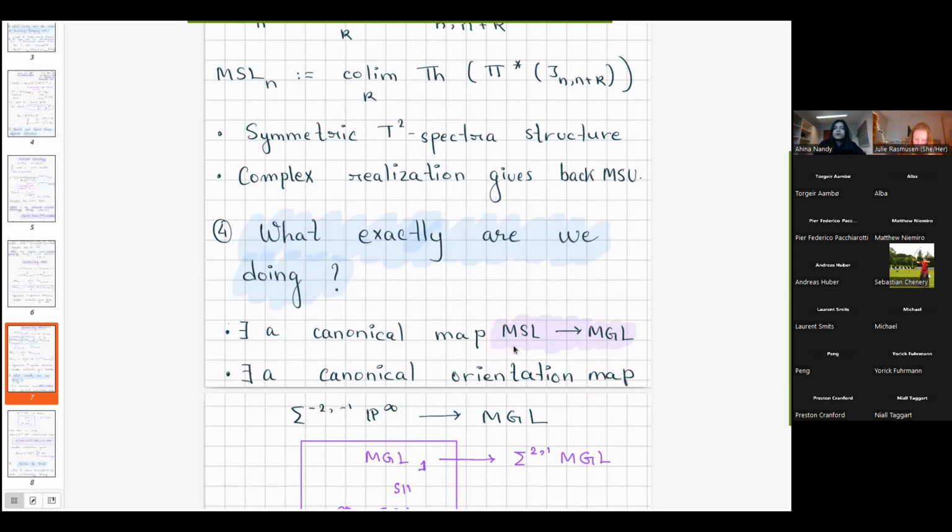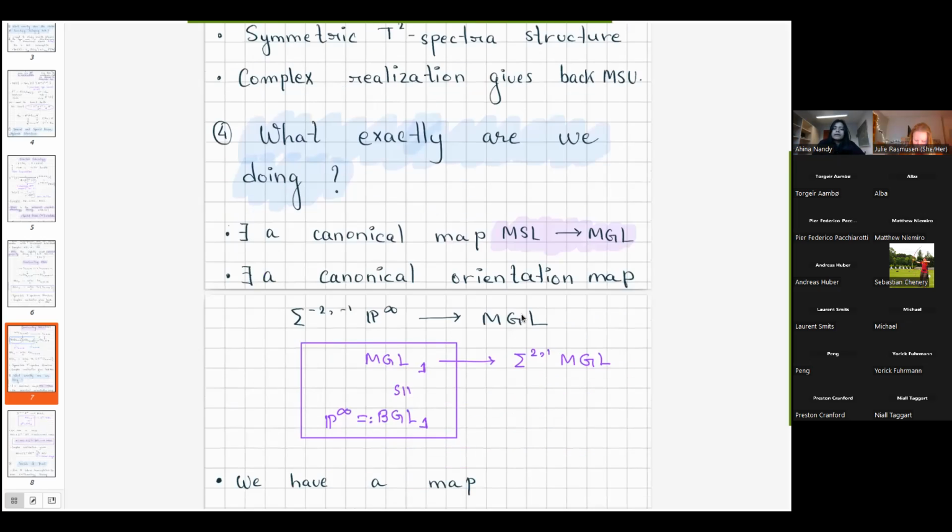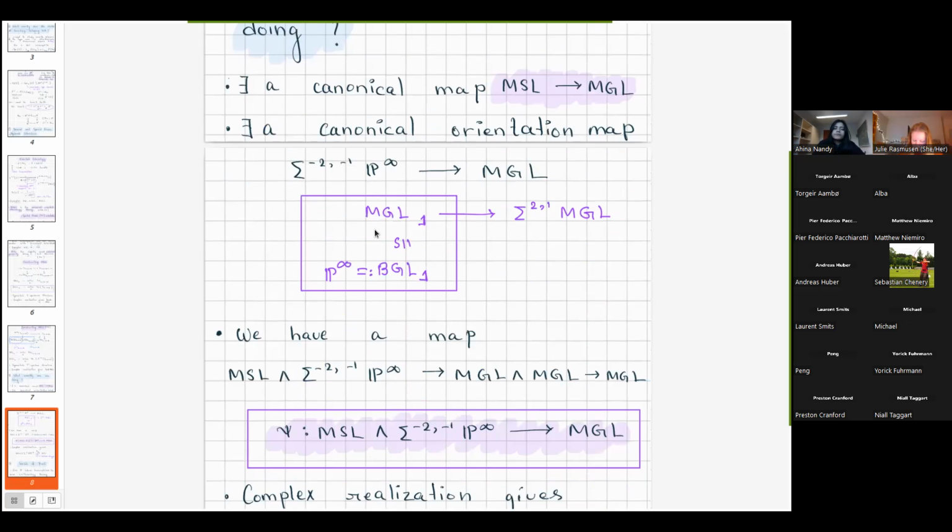And if you take the complex points, this is exactly the map from MSU to MU, and that is just the canonical map which we get from the inclusion of SU in U. And if you remember how we give a canonical orientation to complex cobordism, here also we have a canonical orientation map for algebraic cobordism, and it's exactly the same. It's just that the first space MGL_1 happens to be homotopic to the base space BGL_1 using the zero section.